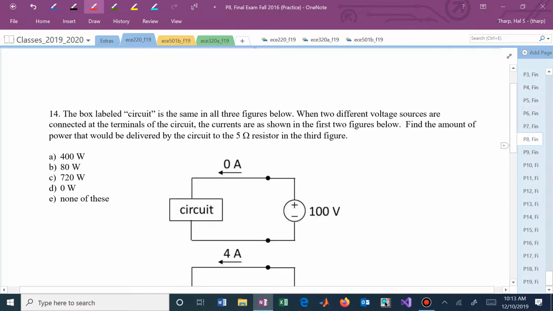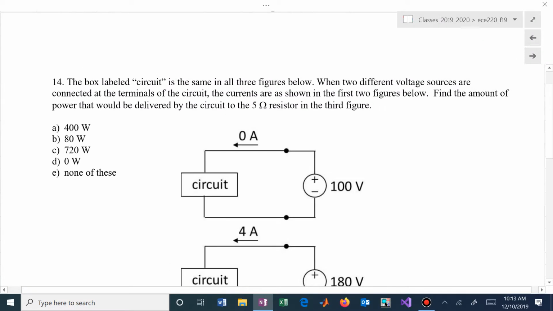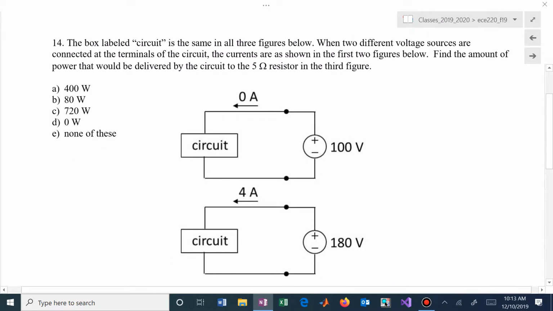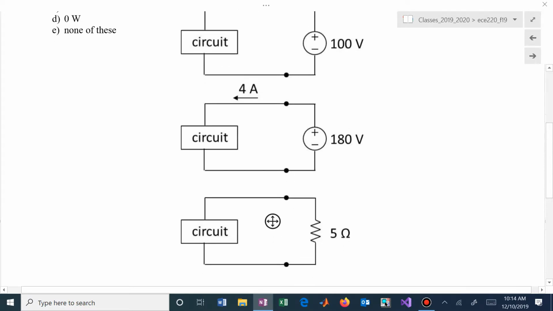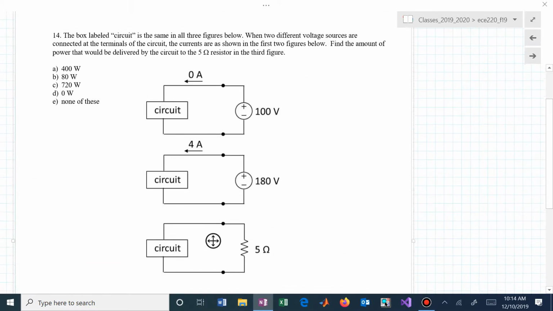I thought you might like to see this one discussed. This one now has 3 different figures, and it's trying to give you information about what's happening. Here, the box labeled circuit is the same in all 3 of these pictures. I'm going to play with fire here.